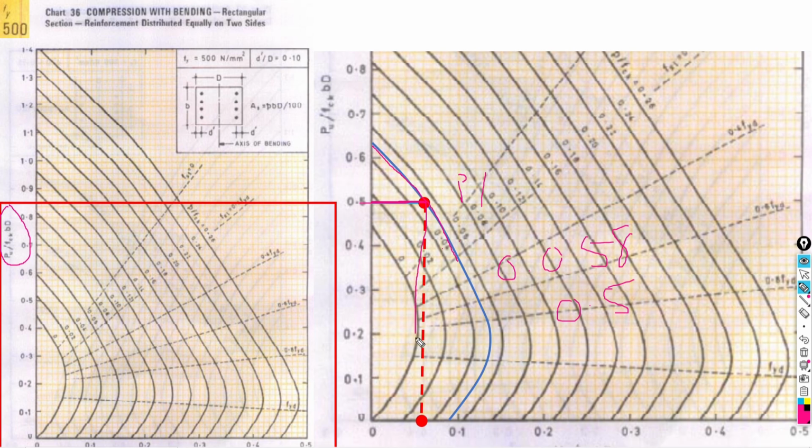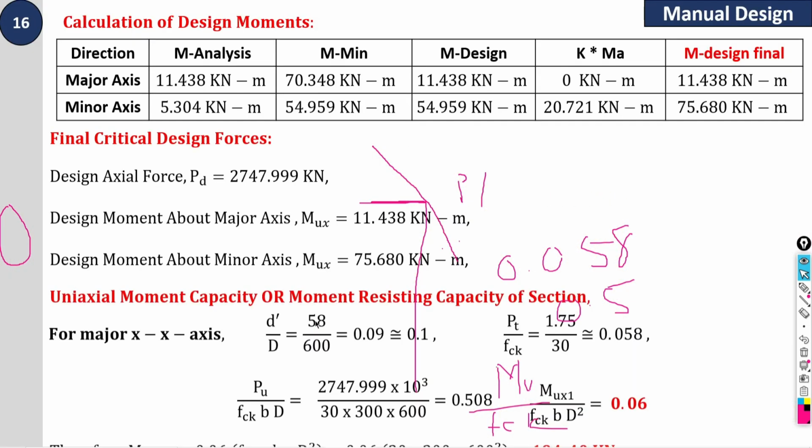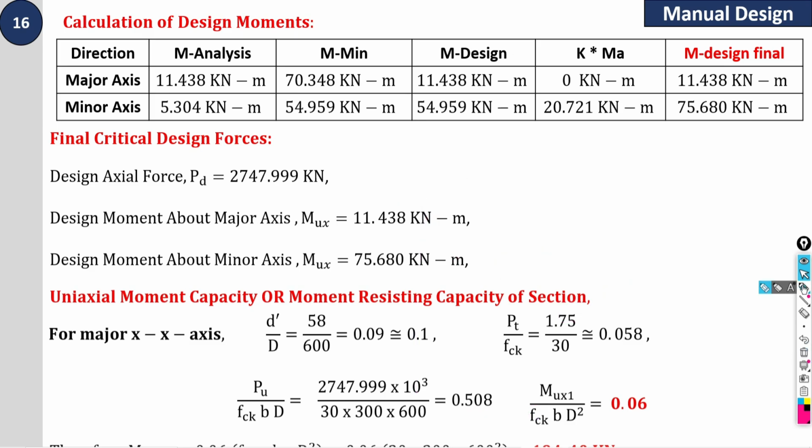Now we have to project it in the x direction to find out MU divided by FCK BD square. So we are getting the value of 0.06. Let me show it here. Actually it is hidden due to this strip. Okay. So you have to take all these values and multiply, so you will get the MUX1 value.